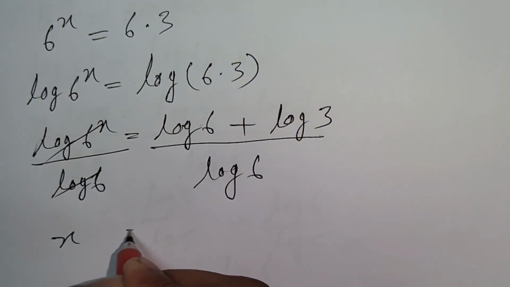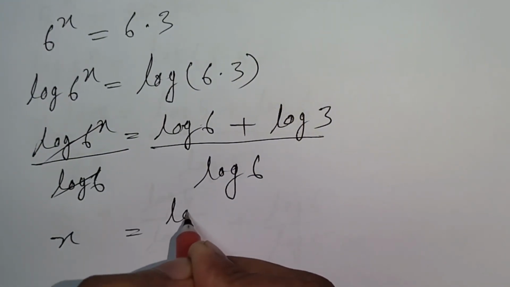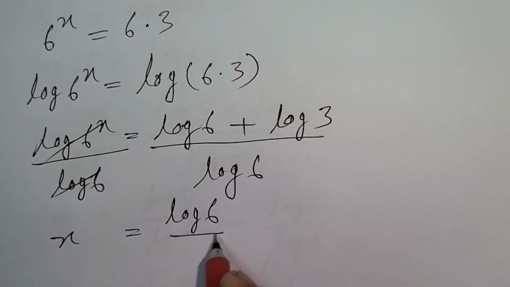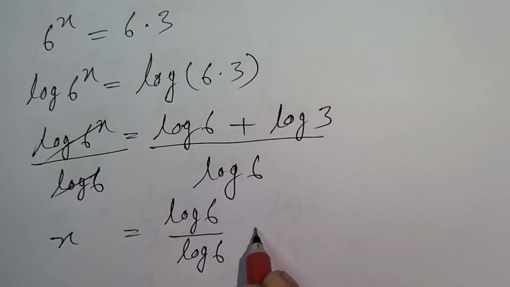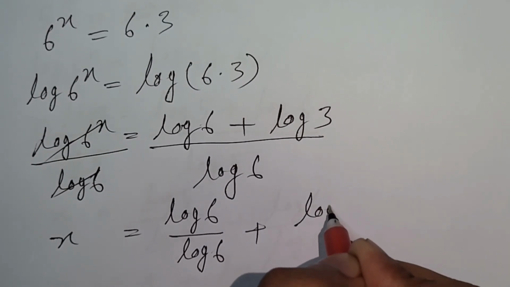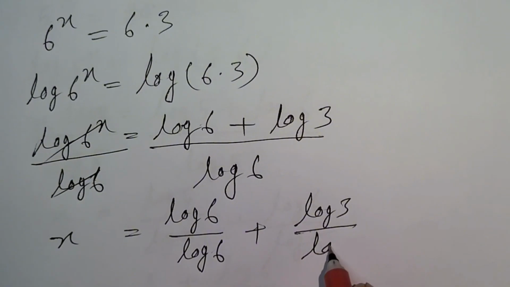x is equal to log 6 divided by log 6 plus log 3 divided by log 6.